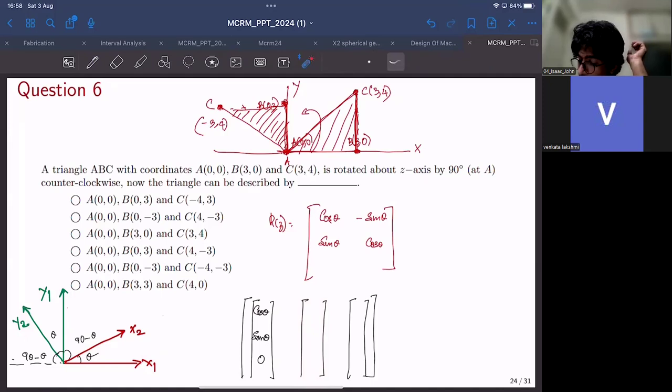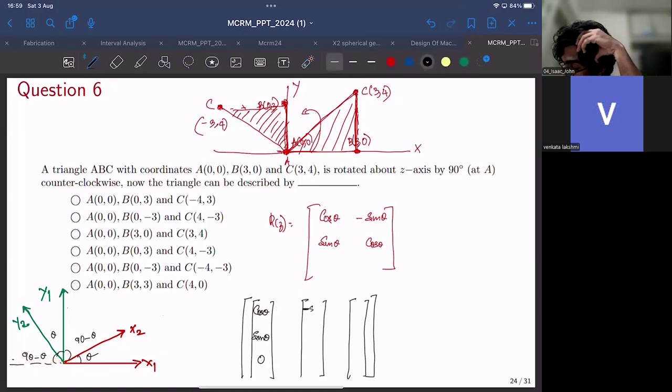What is the projection of y2 along x1? It would be this component, cos (90 minus theta), which is sine theta. Since this is facing the opposite direction to x1, it becomes minus sine theta.